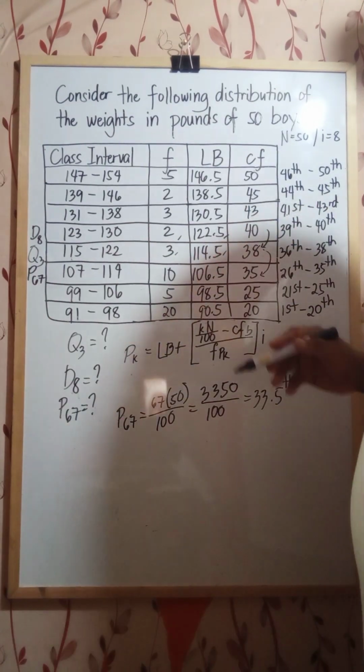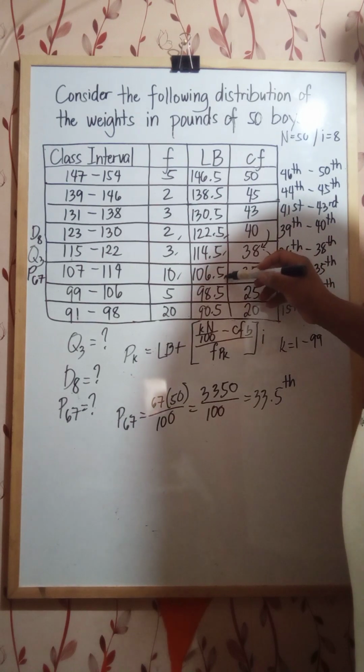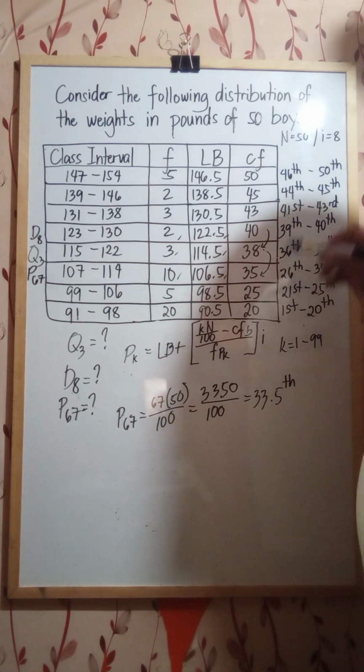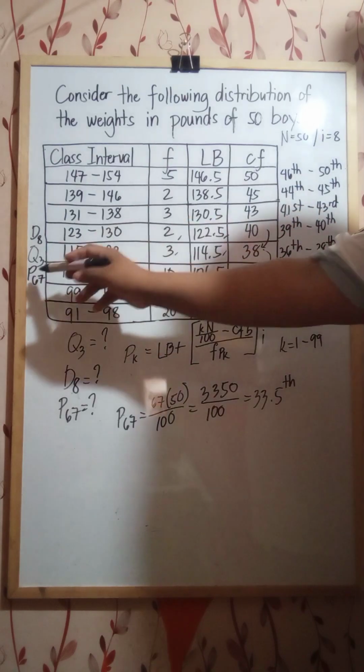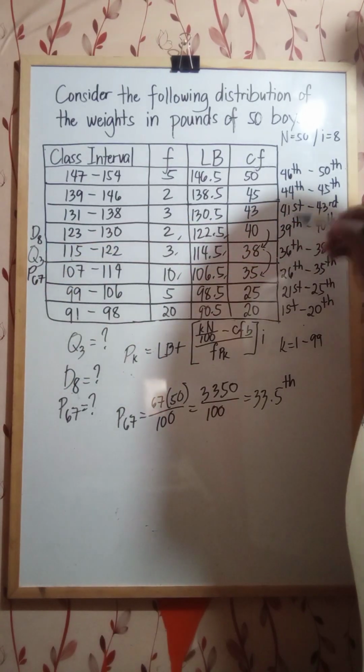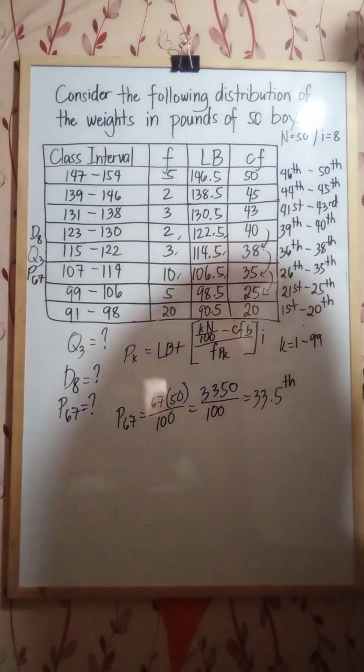So, it means we identify the frequency, the lower boundary, and the cumulative frequency of P sub 67 before the 35th, which is 25. So, 33.5. We replace the values. The lower boundary is 106.5, then plus Kn over 100, which we replace with 33.5.